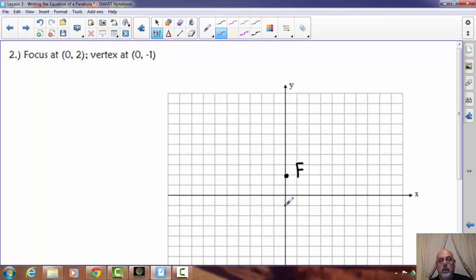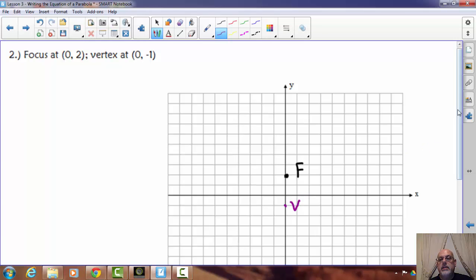I'm having a little trouble with the tablet, so I'll just put a V here for the vertex.